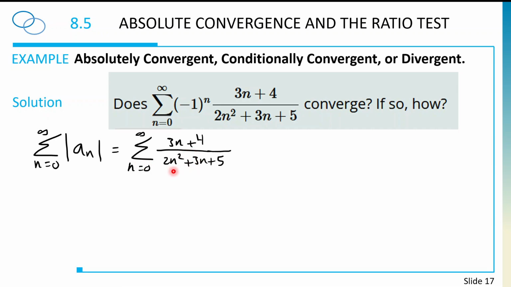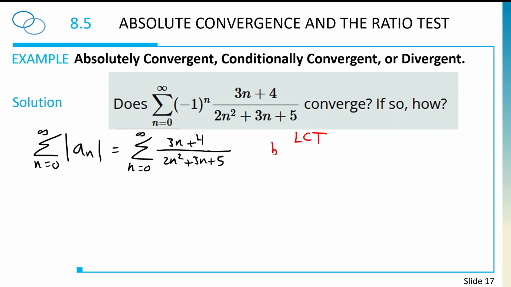Now, what type of series is this? This looks like a rational function. Remember from before, we said with a rational function, the best test that you can use is the limit comparison test. So after I take the absolute value, I think again, what's the most suitable test that I can use? The limit comparison test.